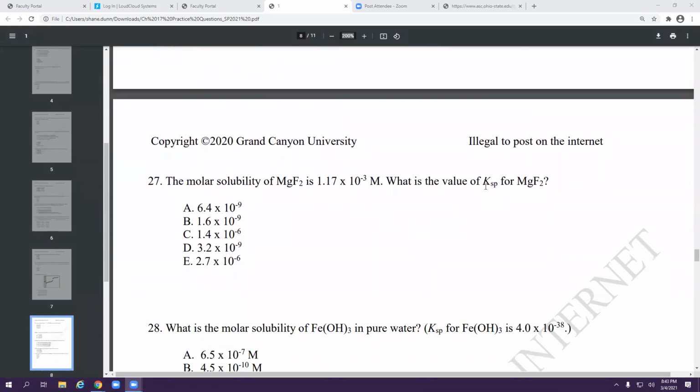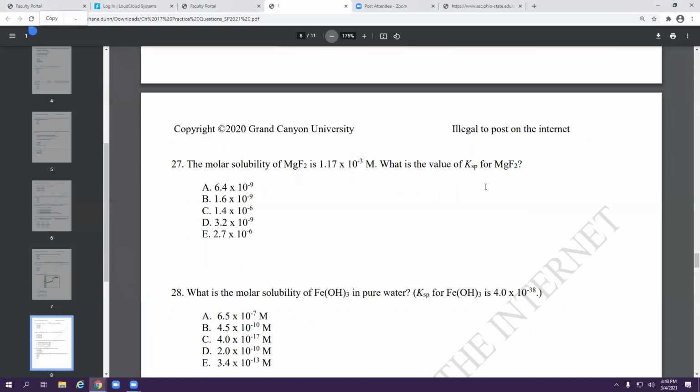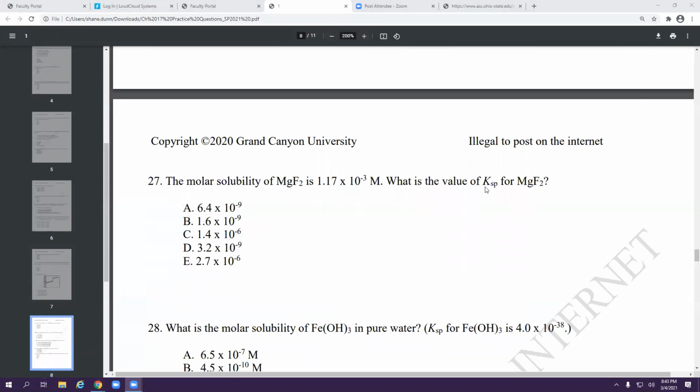Okay. Molar solubility is X. I am solving for Ksp.